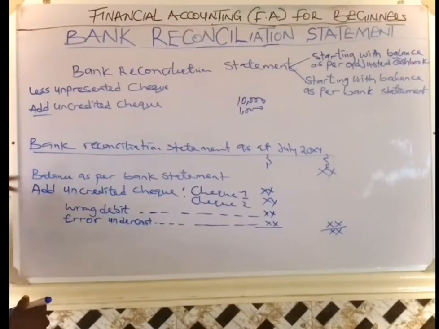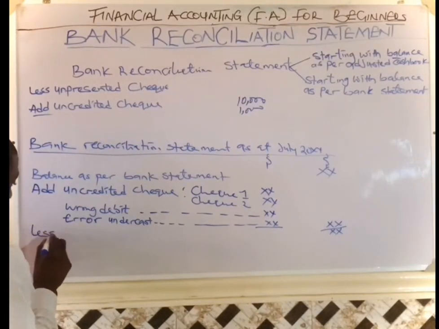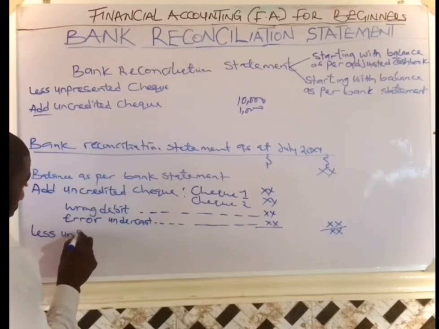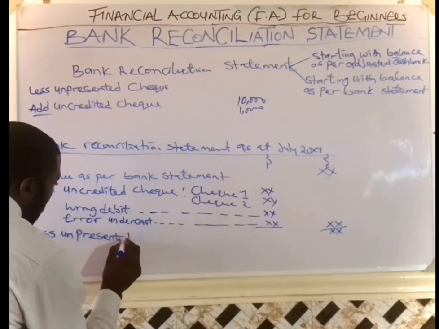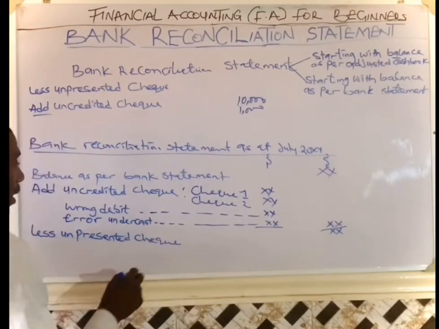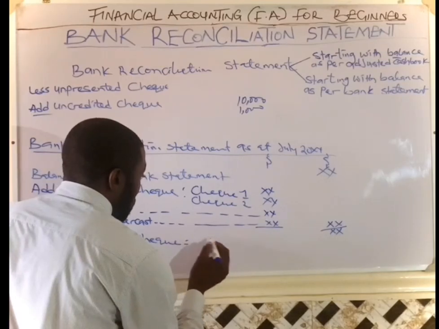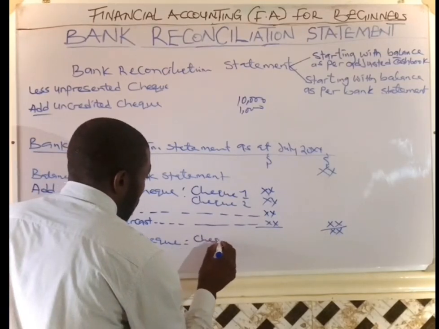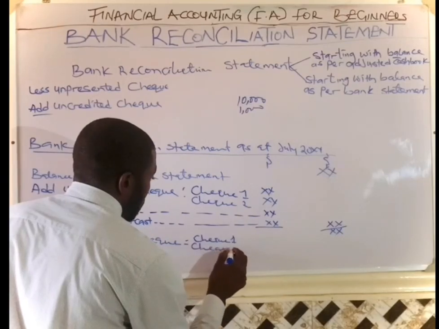So we'll move to the next item, which is unpresented check, and we are lessening it. Less unpresented check. And this check might be in the form of 2 or 3 in the question. Let's say 2. Check 1, check 2.